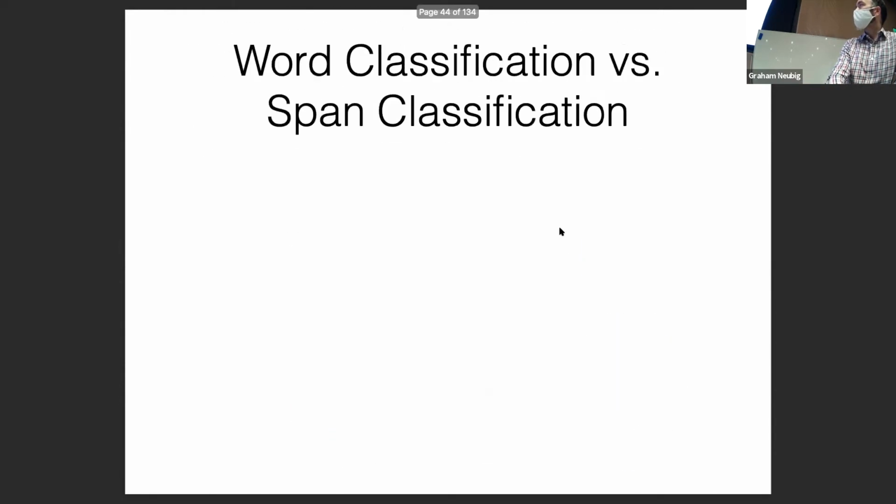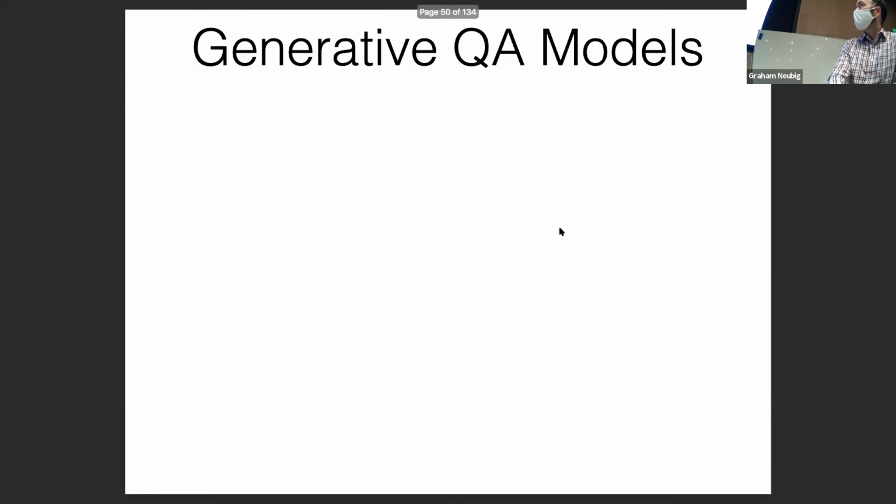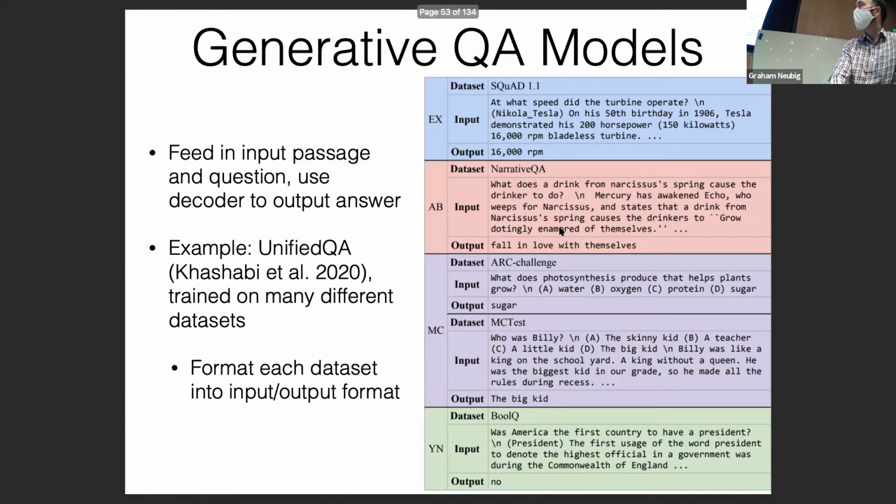But interestingly, in this paper, Unified QA, they demonstrate that generative QA models can be used to answer many of the other types of questions that we would want to be answering as well. Here we have the input passage, the evidence passage about Nikola Tesla. At the very beginning of the passage, we also append the question.